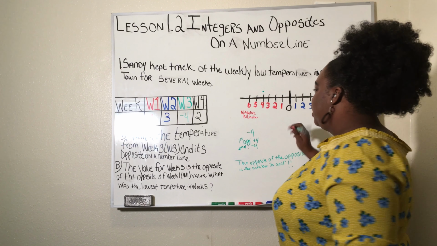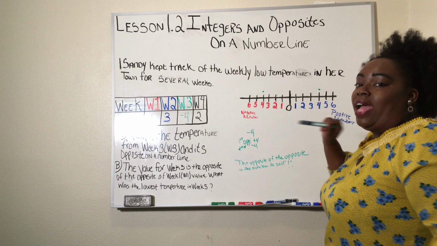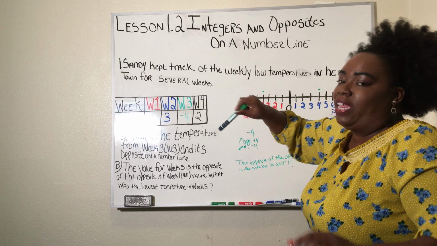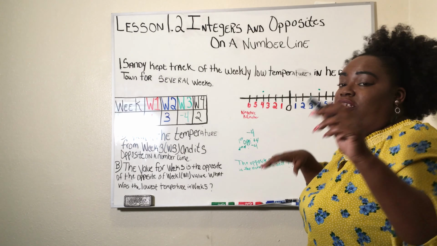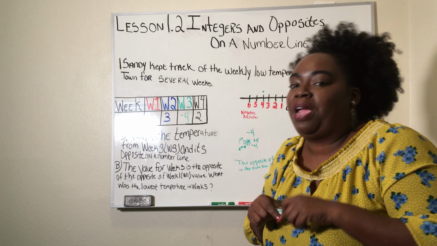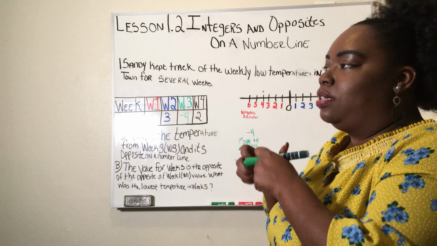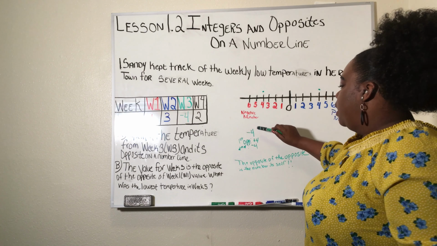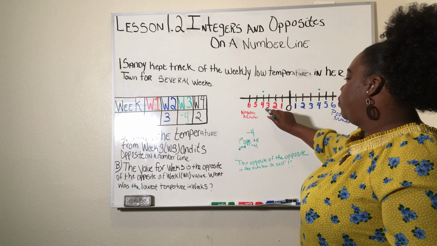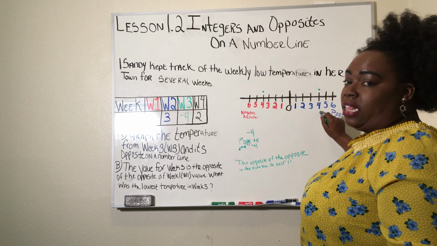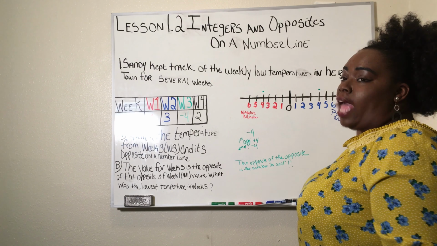If that makes sense, let's try to do this again. We have -4, and we want to find the opposite of the opposite. I know it's a lot to say, and it kind of tongue twists your brain, but it's going to come together. If it's only asking for one opposite, that means it's asking for the opposite number on the other side of 0.